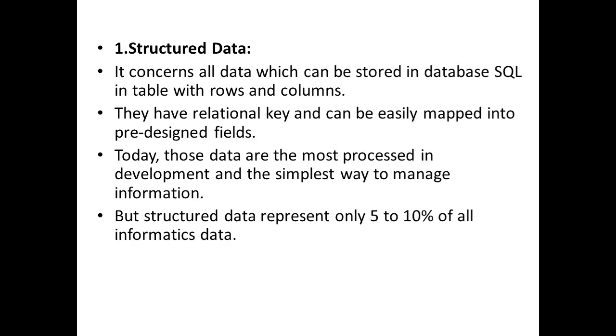That is, it is simply a table format. So they have a relational key and can be mapped into pre-designed fields. Today, those data are the most processed in development and the simplest way to manage information because they are already given in the proper format. But structured data represent only 5 to 10% of all informatics data.